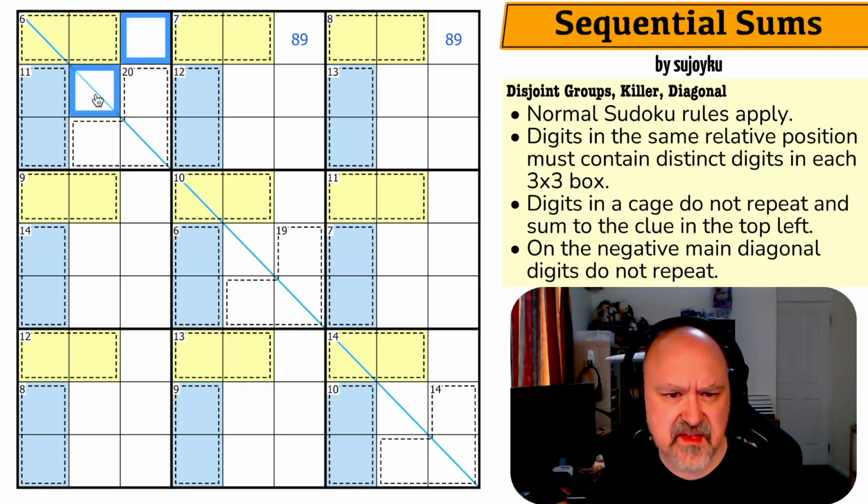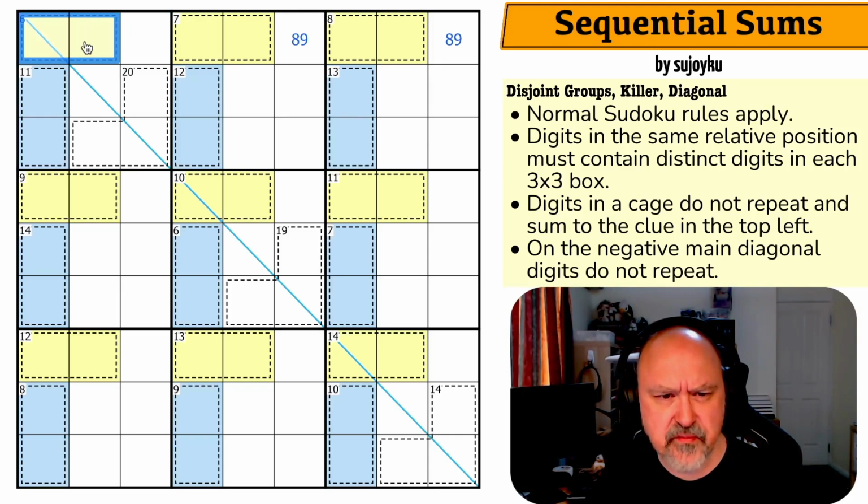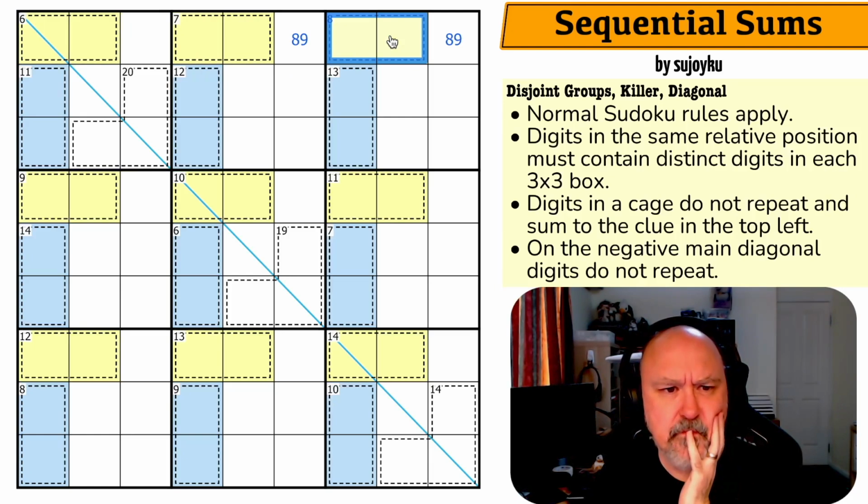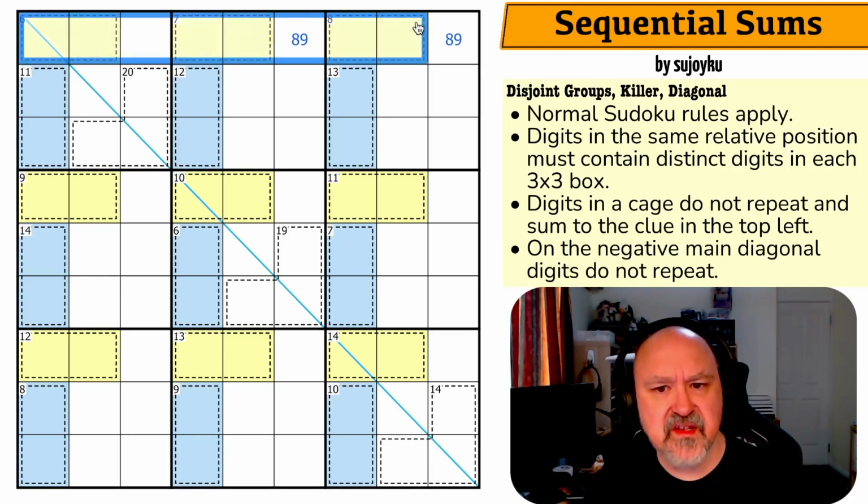If this is 7, this is 1. 7, 1 would mean this is 2, 4. This is either 7, 1... Wait a minute, where is 7 in this row?